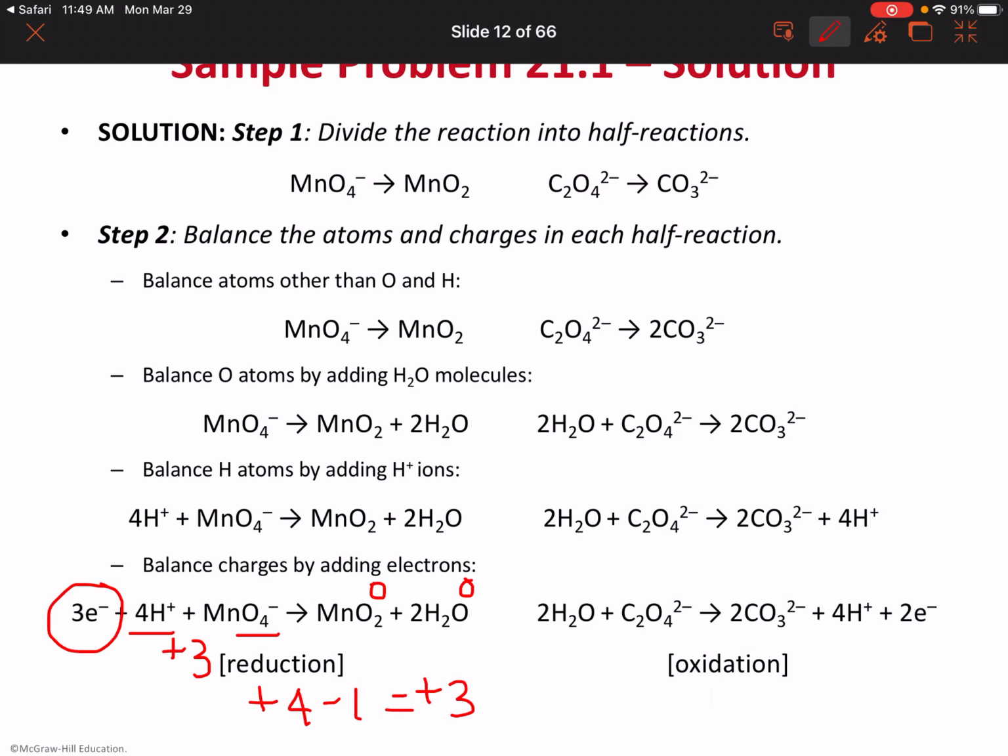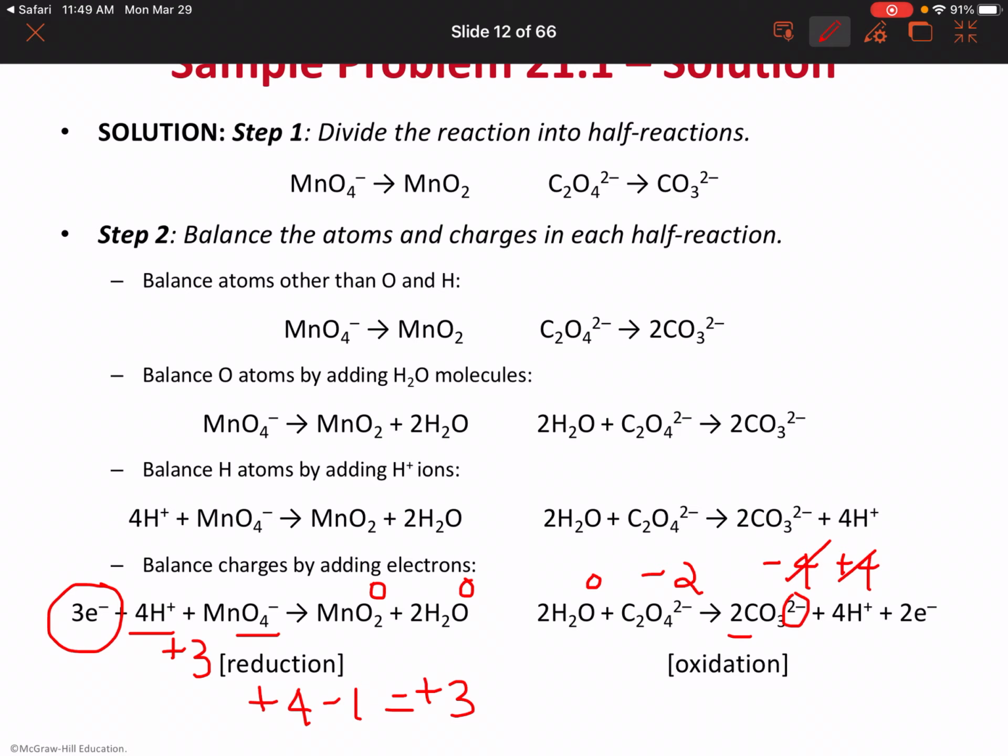Okay. What about the other side? Water is a neutral molecule, 0 charge. Here you have minus 2. And from this side there are 2 carbonate ions, so 2 times 2 minus, minus 4. And 4 H plus, plus 4. So minus 4 plus 4 gets cancelled.